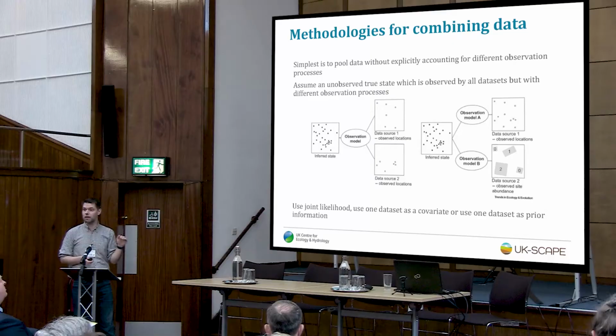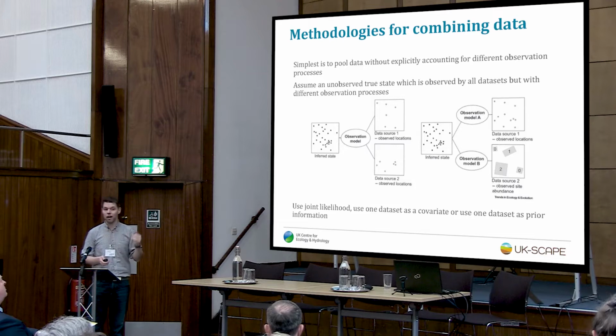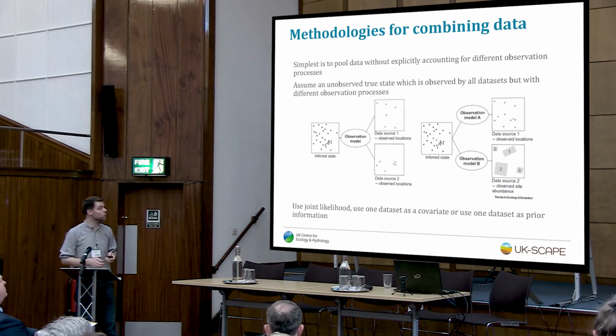That's the hidden assumption you're making there. Whereas when you account for that, you're saying we acknowledge that there are different views on the data, and how might that look as a lens on the truth? There's a method for doing this. I'm not going to go into any detail. I've not provided any equations. I could have done, and I was a bit sad that I didn't, but I thought it was best not to.